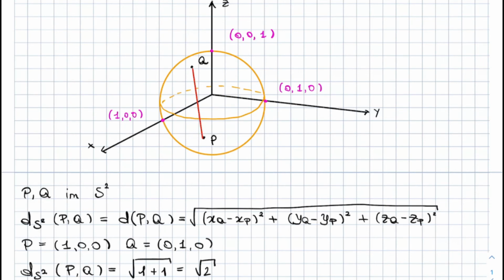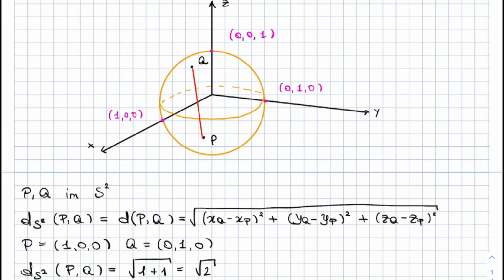This definition tells us that everything we compute on the sphere is equal to the result we would obtain if we computed that number in the space, simply because we define the distance on the sphere to be the one of the space computed only on the points which belong to the sphere.